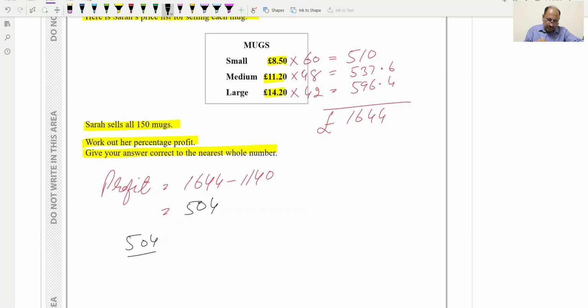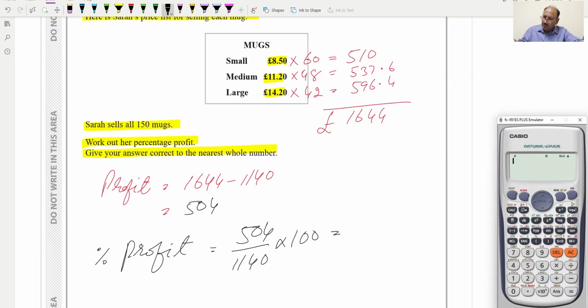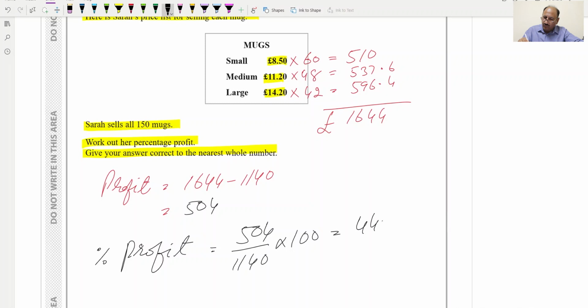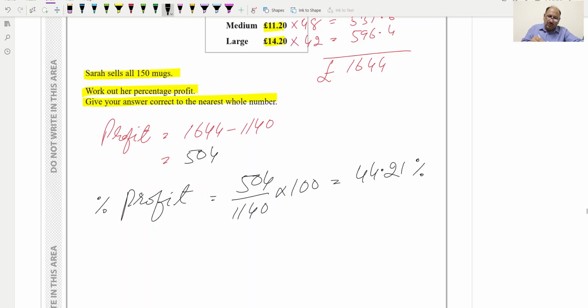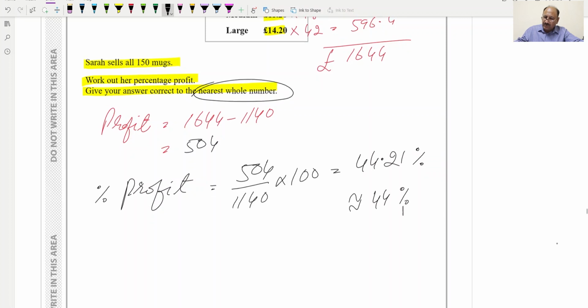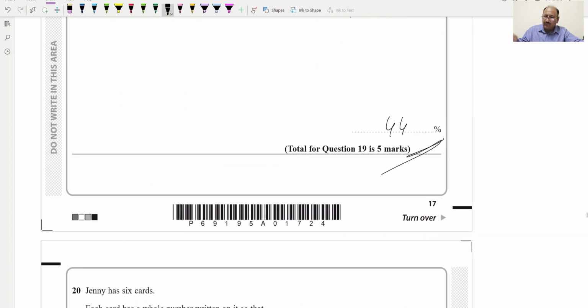So percentage profit will be equal to 504 over 1140 times 100, and this will be equal to 44.21%. This will be rounded to the nearest whole number, so it will be 44%, and the answer we can provide over here is 44%.